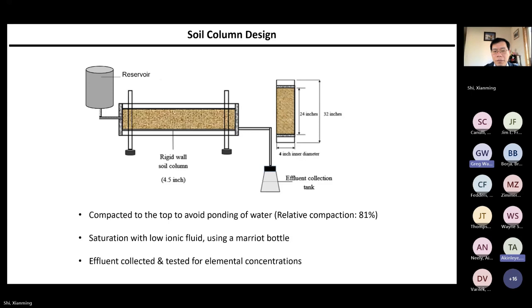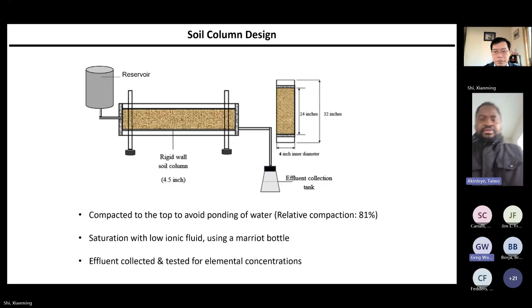The basic difference is just to see the effect of gravity assistance on the flow of these ions through the soil, and to see if we have changes in the flow properties and how the cations and anions interact with this soil when we change the orientation. And this is quite representative of what happens in the field or in roadside soils, where you have deicers migrating both vertically and horizontally throughout the soil. So next slide.